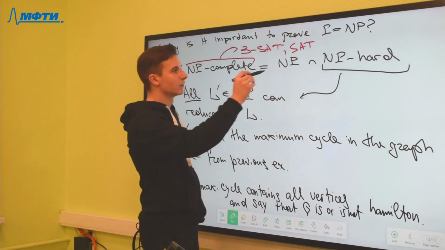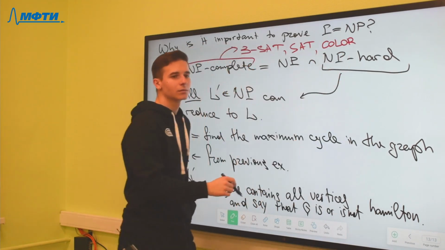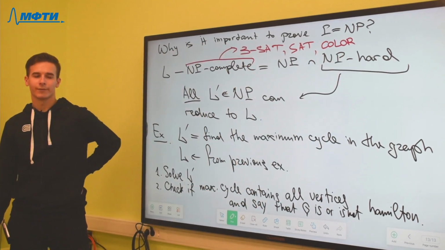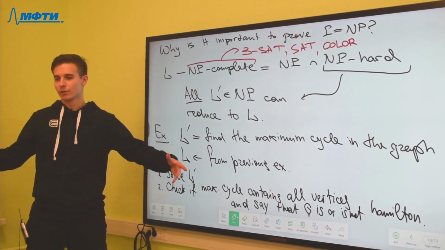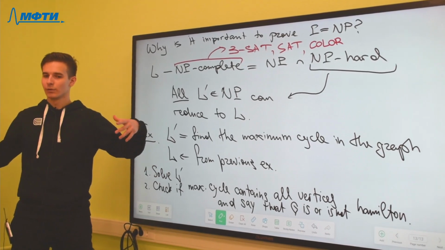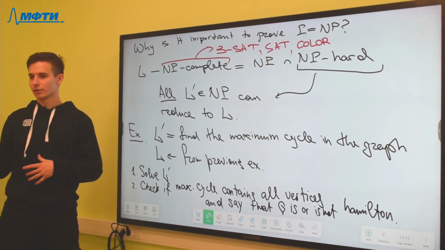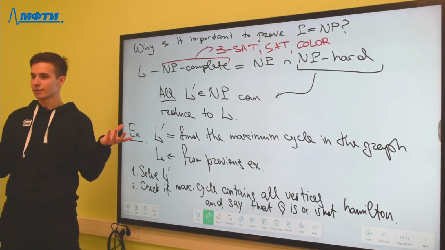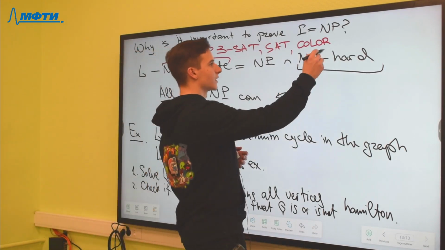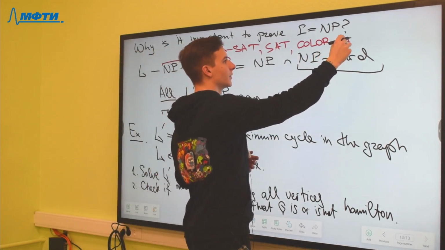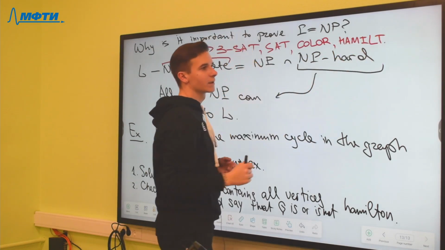Or for example, graph colorings. If you have as inputs a number k and a graph G, and you want to understand whether we can color the graph with k colors, it is an NP-complete task too. Or finding Hamiltonian cycles.